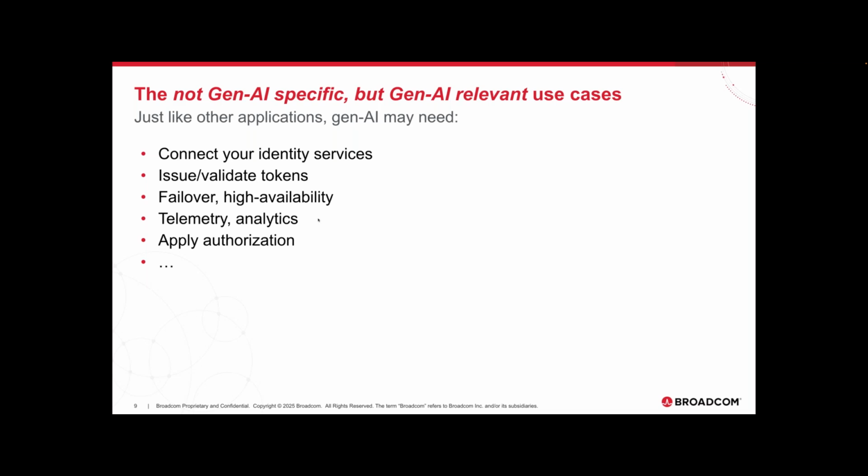We can issue validated tokens, and do failover and high availability. So if an AI goes down, like I was showing you, we can respond with a special answer, but we could also redirect you to another one. Telemetry and analytics, we could show some nice reports. We can apply authorization rules, and it's not just the gateway.